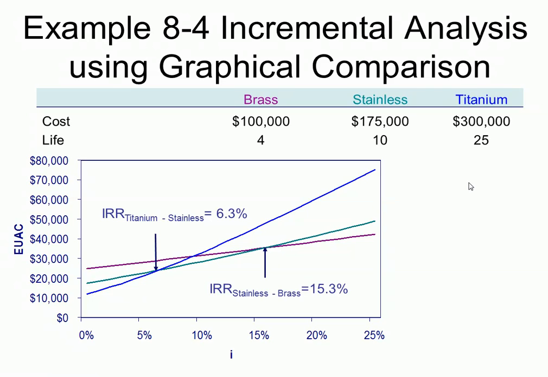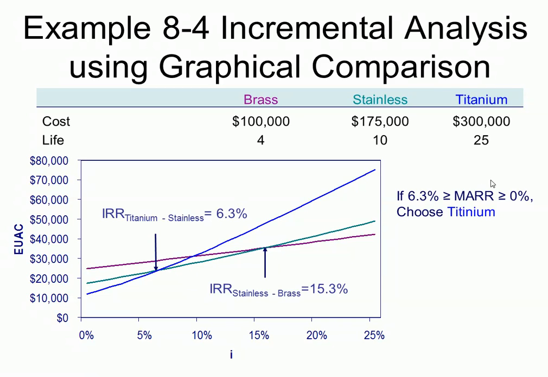And so we would start with brass, and we would see if the minimum attractive rate of return is going to be larger than 15.3%. There is no advantage in going with stainless, so we would select brass. And if the minimum attractive rate of return is less than 6.3%, then we would select titanium, because titanium would give us more than 6.3%.